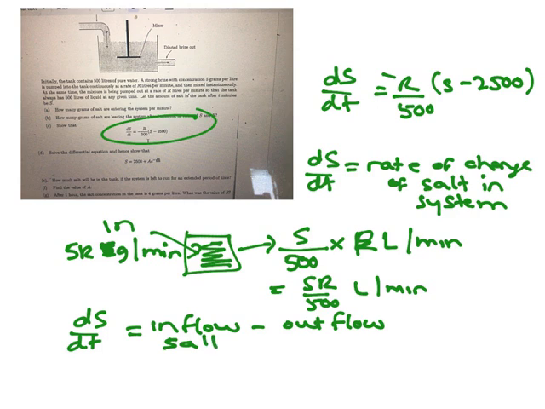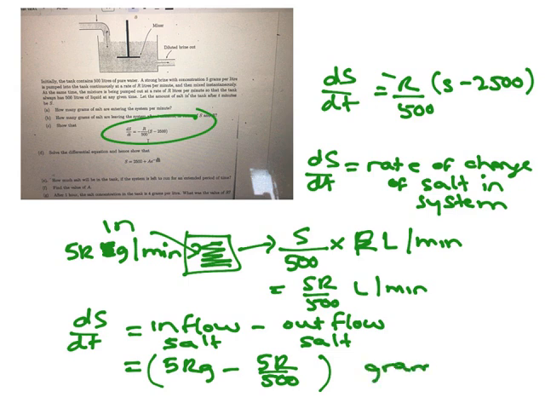So that's going to be 5R minus SR on 500. That would be the amount of grams coming in and out of the system per minute, because we're interested in the amount of salt.